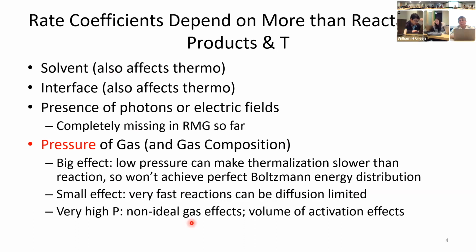You get some extra thermo terms, and you also get things called volume of activation effects, where the volume of the transition state and the volume of the individual reactants are slightly different. And if you have a gigantic pressure, that P delta V is big enough that you can discern it. But that kind of stuff is usually only seen in diamond anvil experiments or in geology, like under the center of the Earth, where the pressure is super high, and not really that relevant to us. Usually.